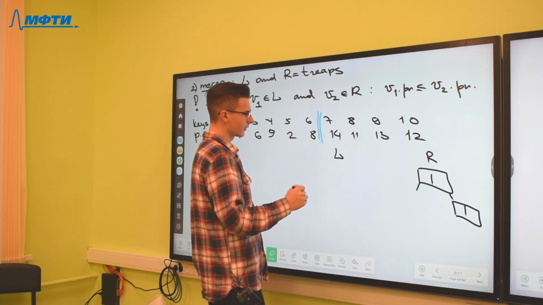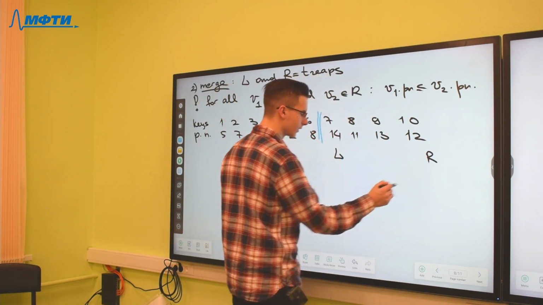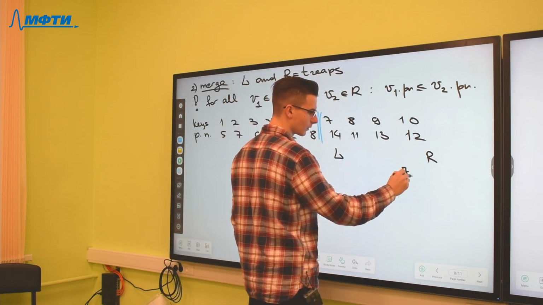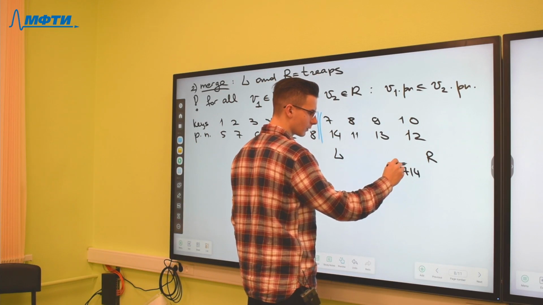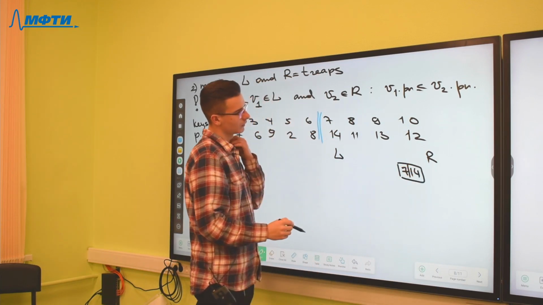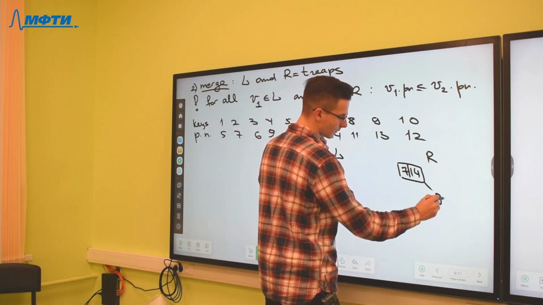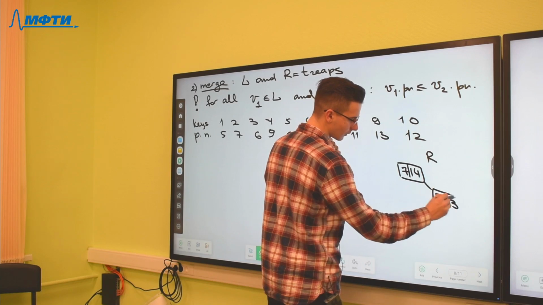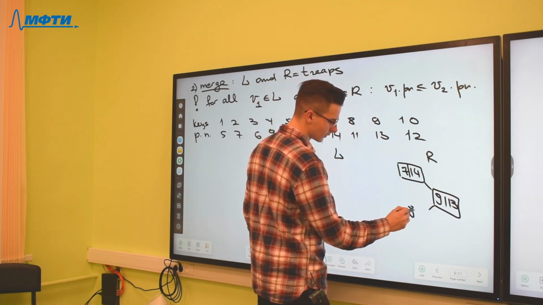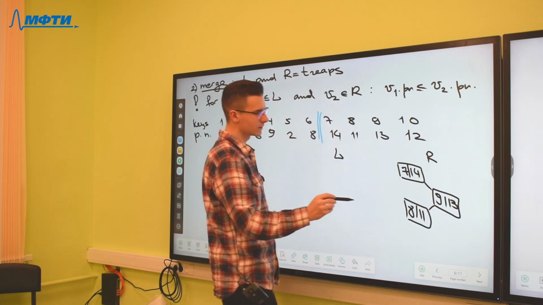And if we have 14, we have only the right subtree here. Then it splits into two: 8 and 11, and 10 and 12.